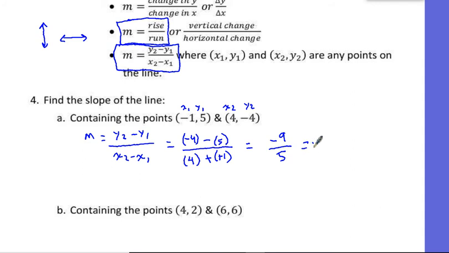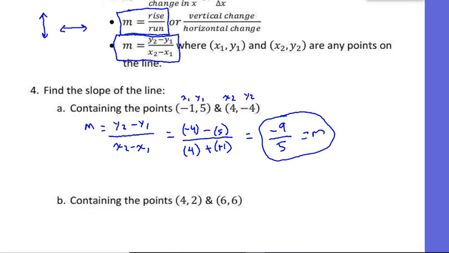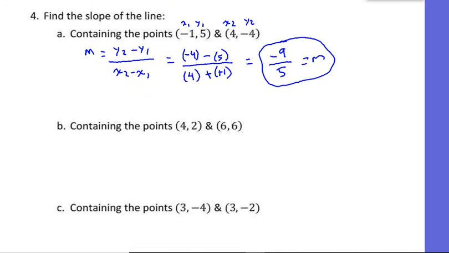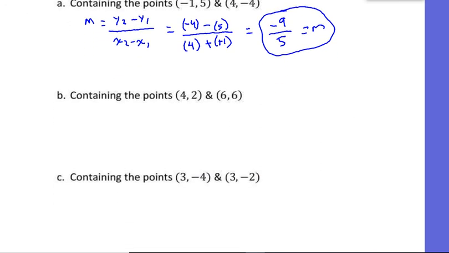So the slope of the line containing these 2 points is negative 9/5. For the rest of these examples, you may choose to pause the video and try it on your own, and then push play to check and see if you got it correct.